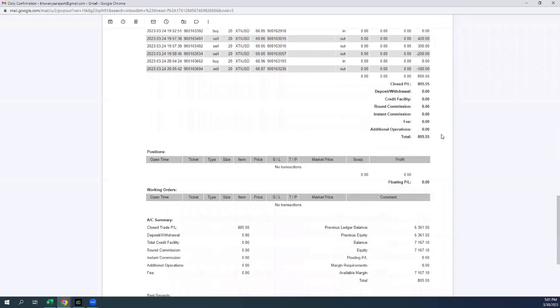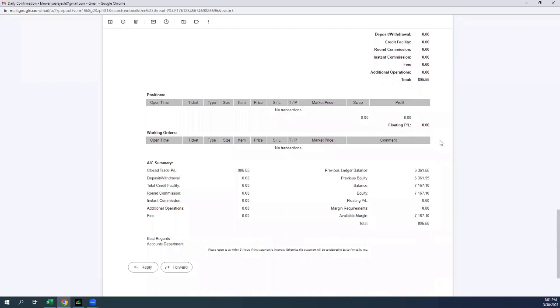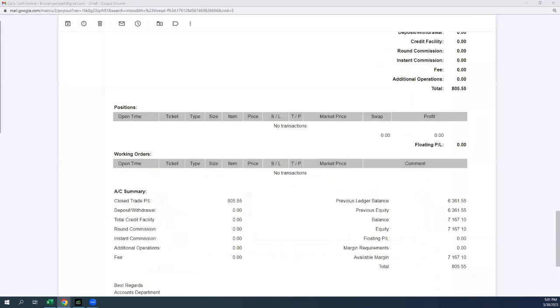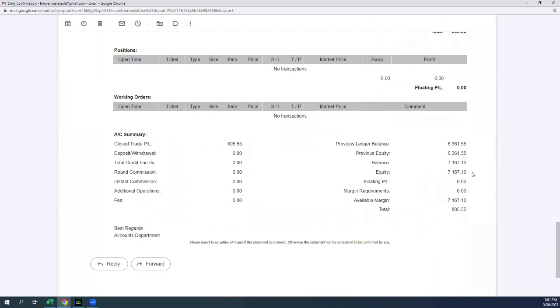It went on like this, and with 3 days of trading, we started at 4,900 USD and closed at a margin of 7,167.10, which is approximately 40%. So we were able to close it with a 40% profit in 3 to 3.5 days of trading.